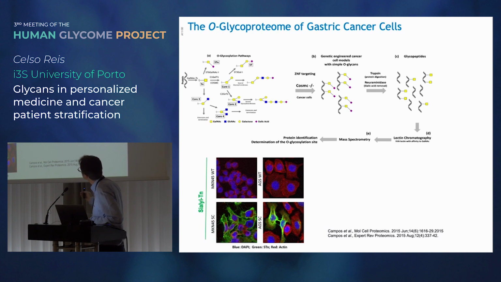So then, using this strategy, the protein will only have this shorter O-glycan, either Tn or sialyl-Tn. The glycopeptides could be generated by digestion and removal of the sialic acid, and then a long lectin affinity chromatography followed by mass spectrometry and protein identification.